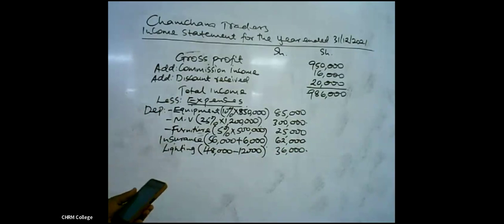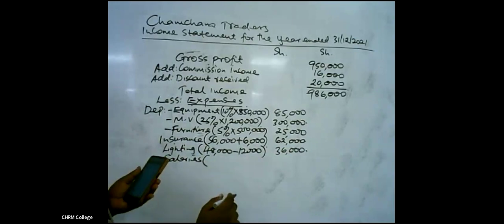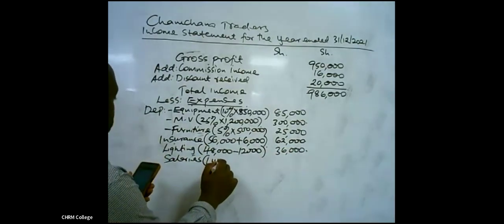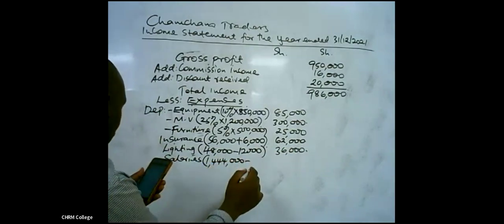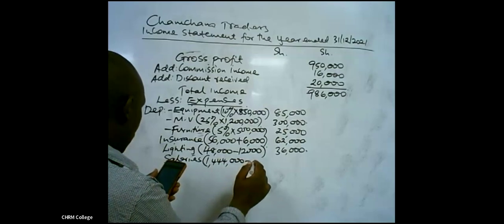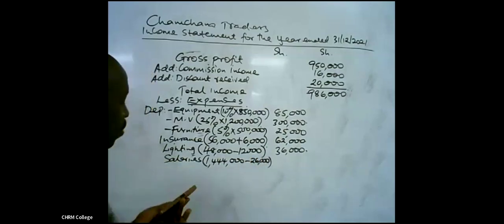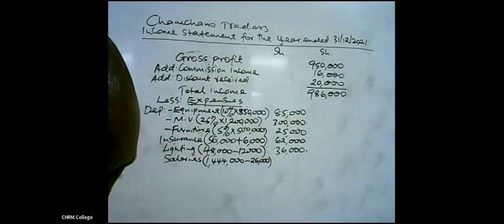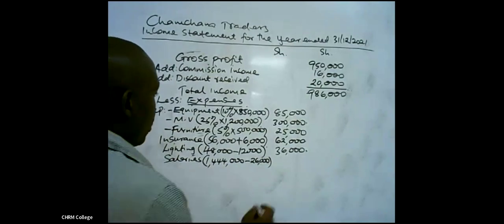Then salaries, we were also paid in advance. The figure for salaries is 1,444,000. You minus the prepayment of how much? 26,000. So how much were we supposed to pay? 1,418,000.